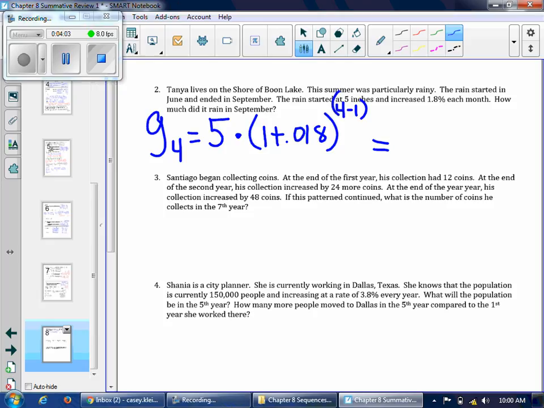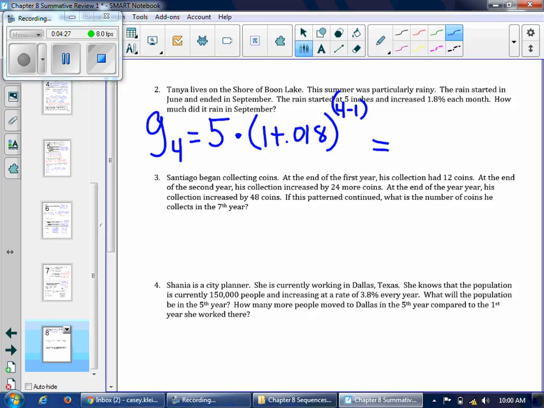Let's try number 4. Okay, there's several things going on with number 4. Shania is a city planner. She's currently working in Dallas, Texas. She knows the population is currently 150,000 people and increasing at a rate of 3.8%. What's the population in the 5th year, and how many more people moved to Dallas in the 5th year compared to the first year that she worked there?